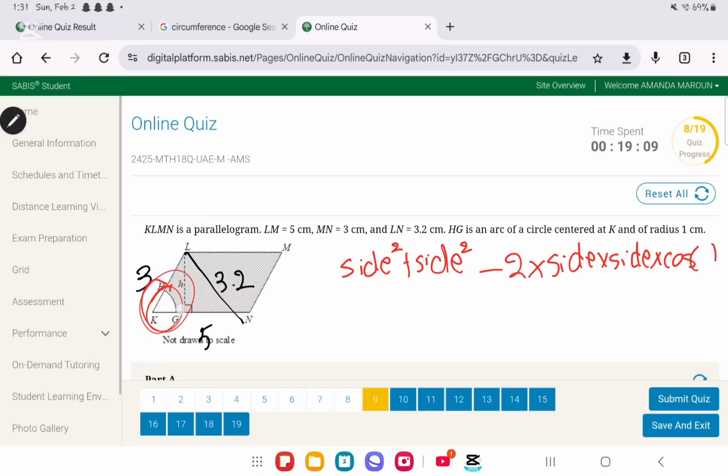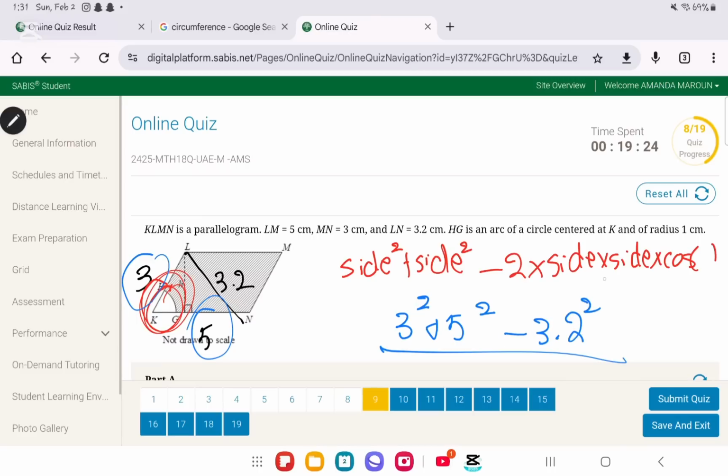But in this case we are finding the angle, so we apply the other form, using the two sides that form the angle: 3 squared plus 5 squared minus 3.2 squared, over 2 times 3 times 5.